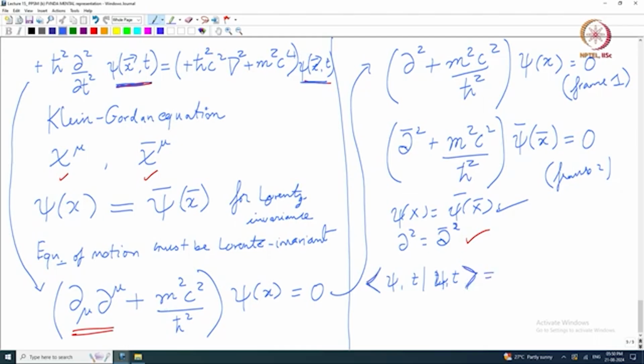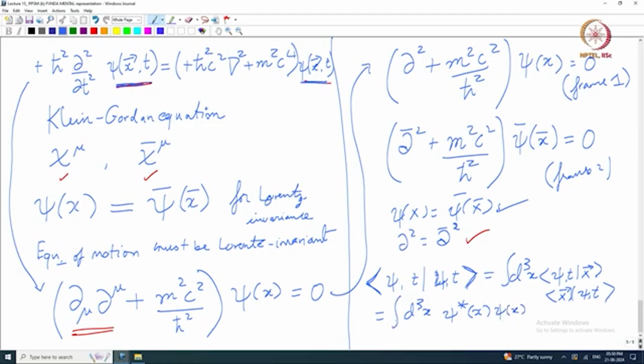I have basically now summed over all the positions, or basically in this case integrated over all the positions, correct? Agreed? So, this is the norm of the state, and of course, this is exactly what I would write as psi star psi, right.